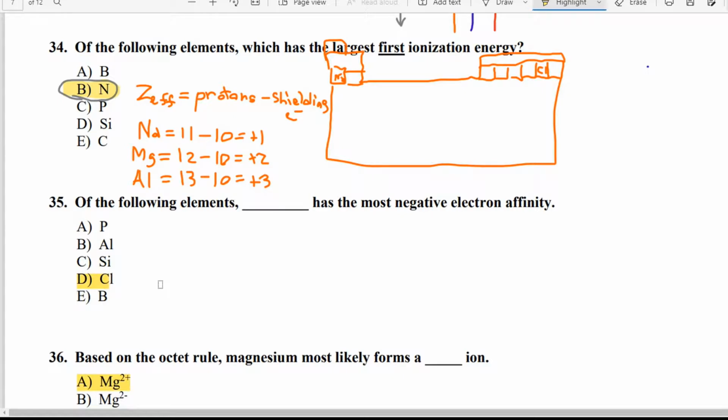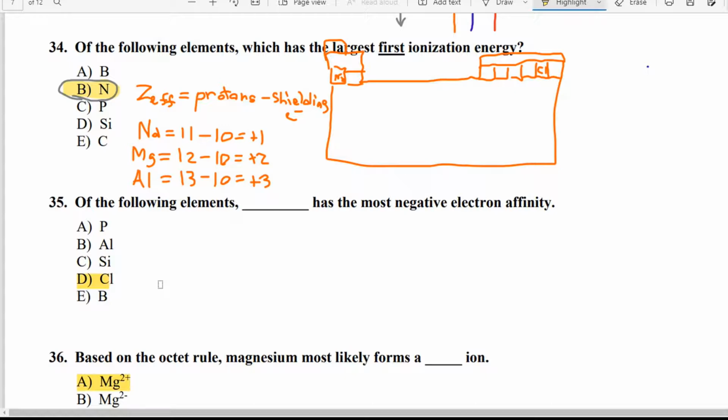So the amount of energy released when 1 mole of a gaseous atom accepts electrons to become 1 mole of gaseous negative 1 ions. It's the atom that's most attracted to electrons.